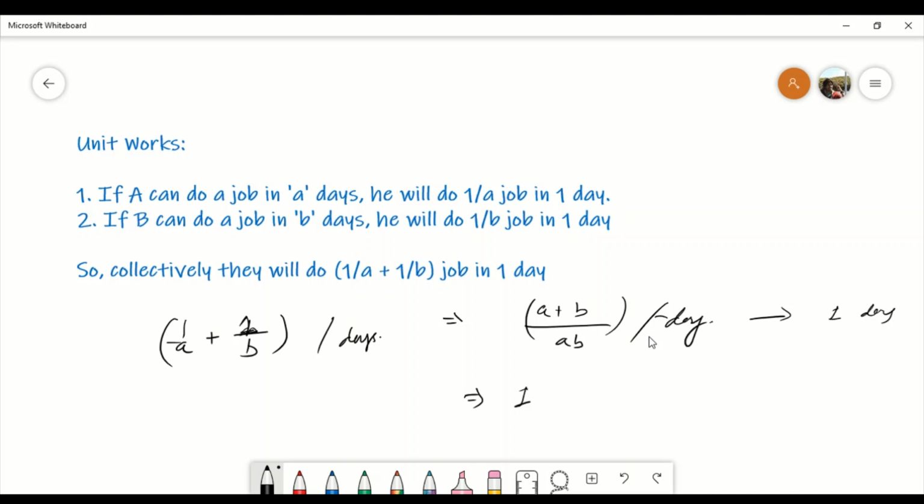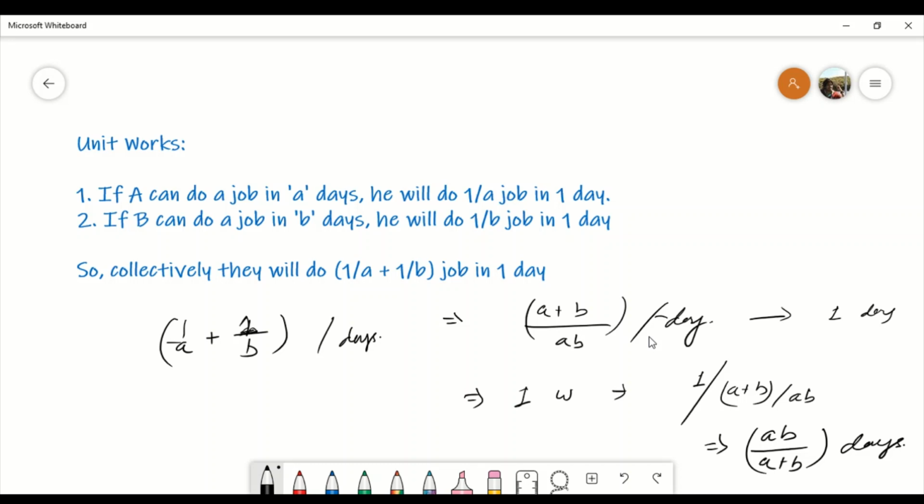So 1 unit of work will be completed in 1 upon (a plus b) by ab, which is nothing but ab by a plus b days, right? So you can also memorize this formula, but I would suggest don't memorize it. You can just calculate the unit works and then you can apply that formula.